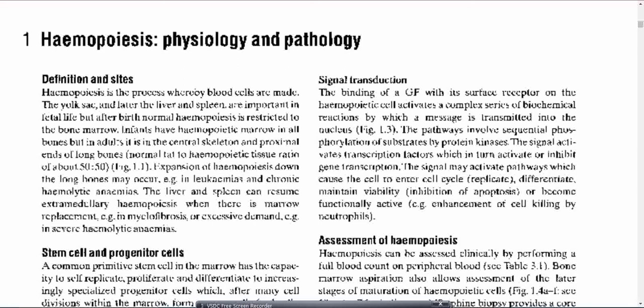That will lead to abnormal hemopoietic tissue working, with the process of hemopoiesis taking place even down to the long bones. The liver and spleen can resume extramedullary hemopoiesis when there is marrow replacement.